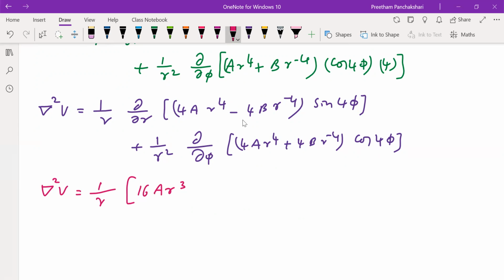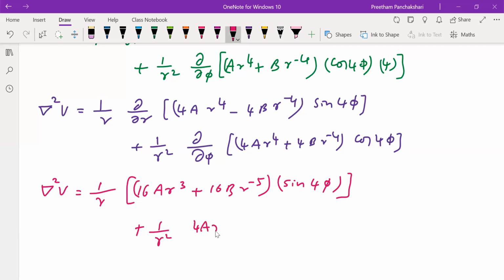Similarly, this is minus 4 r power minus 5. So minus into minus plus 16b r power minus 5 into sine 4 phi constant, plus the second term to be differentiated with respect to phi.